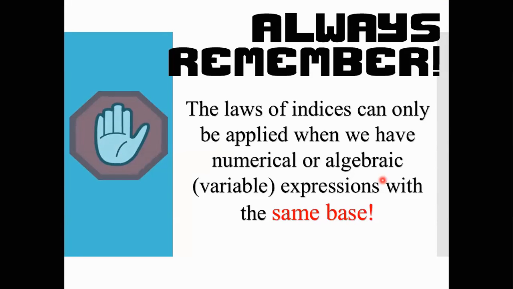So in order for you to group or put something in index form, it has to have the same base. And I think most of you understood that from the previous example where we had to put the 2, the 3, and the 4, that expression, in index form.